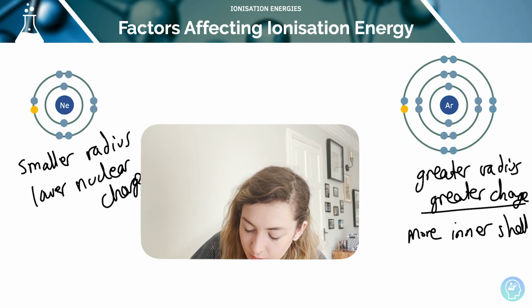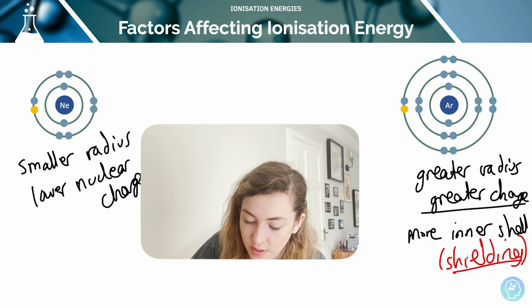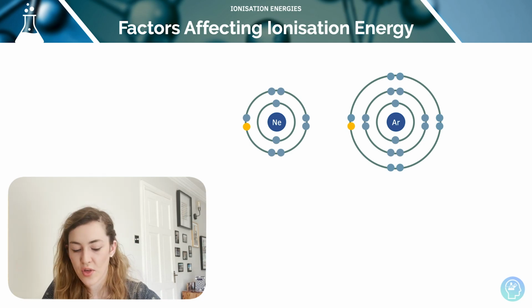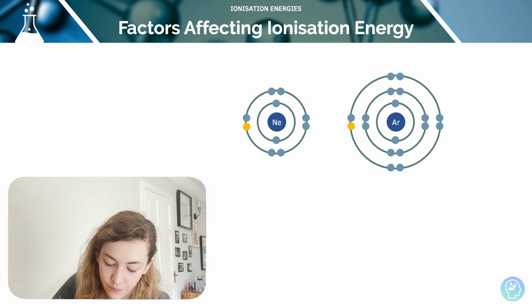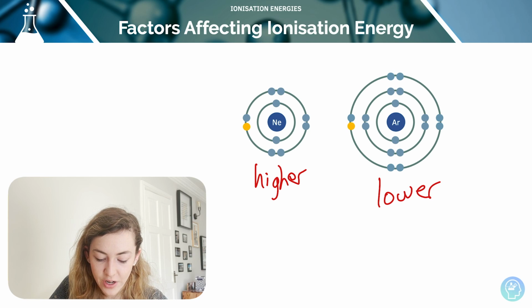Really, I would say shielding is a key term, so we should really be using that phrase. So which one's got the higher first ionization energy? There's a few things at play here. Neon has got the higher ionization energy, and argon's got the lower ionization energy.